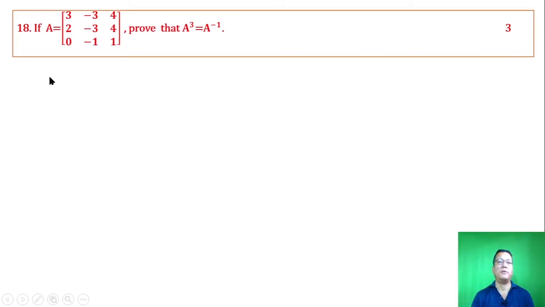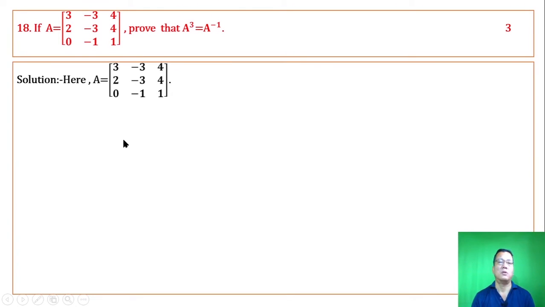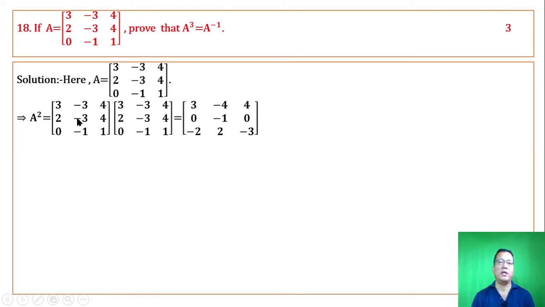Question number 18. If A equals this matrix, prove that A cube equals A inverse. 3 marks. We have A equal to this. A square is A multiplied by A, using matrix multiplication, giving a 3 by 3 matrix.